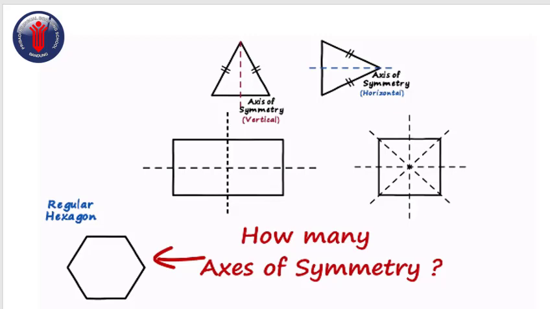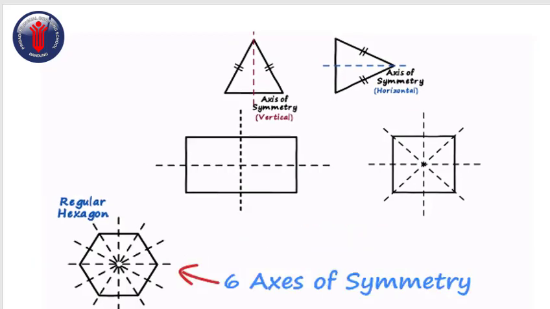How many axes of symmetry does a regular hexagon have? Please pause the video and try to arrive at the correct answer. Okay, let's see. A regular hexagon has 6 axes of symmetry, 6 lines of symmetry.